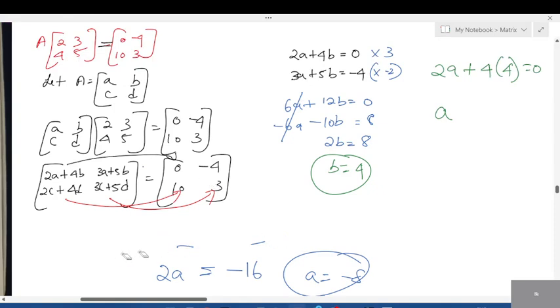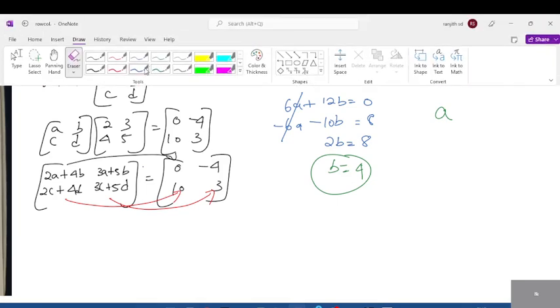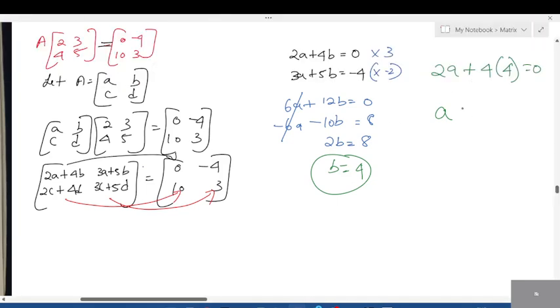And one more thing, you can directly write the answer, students. Just cut short the methods and steps. You can directly write A is equal to minus 16 divided by 2, A is equal to minus 8. Try to do it within 2 or 3 steps.